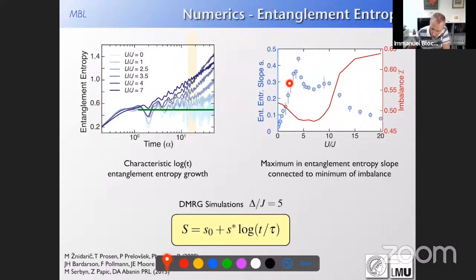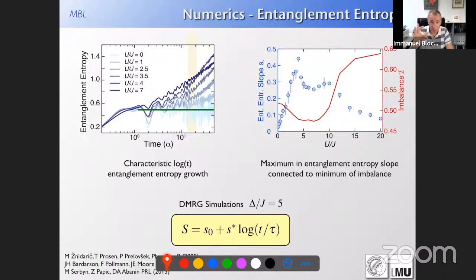So the blue is the slope of the entanglement entropy as a function of the interaction strength in the system. And you can see that the entanglement entropy slope rises, and at the same time we reach a minimum in the imbalance, which we would expect for more delocalized states in the system. And then when the system becomes more localized again, we still have a log T growth, but with a much smaller slope for the entanglement entropy.